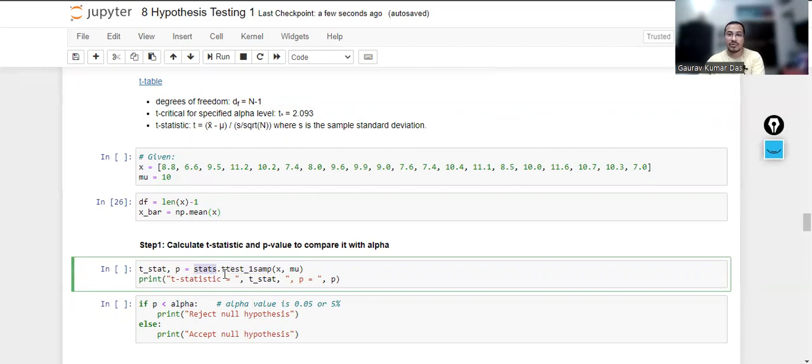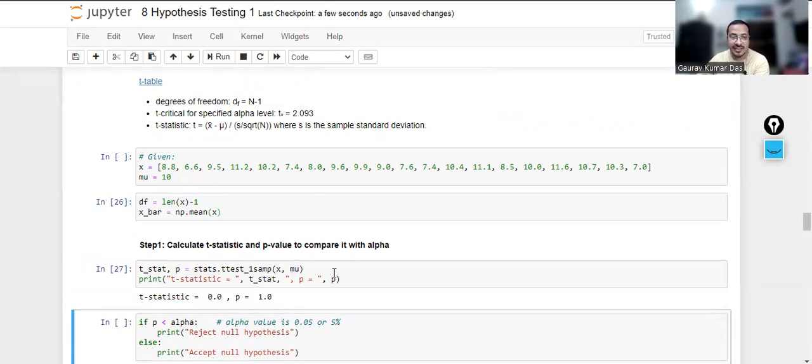This is from the scipy module. And this one sample t-test requires two parameters, the array of sample data points, and the population mean. In Z, it was different, right? It required the entire population data, comma, the sample mean. Here, it is the sample data, comma, the population mean.